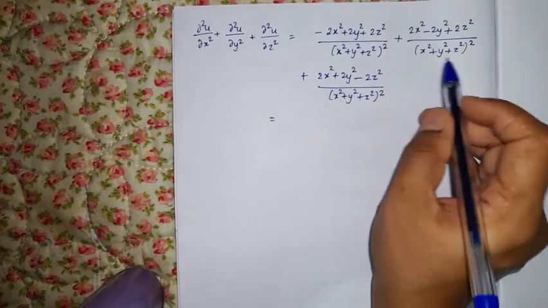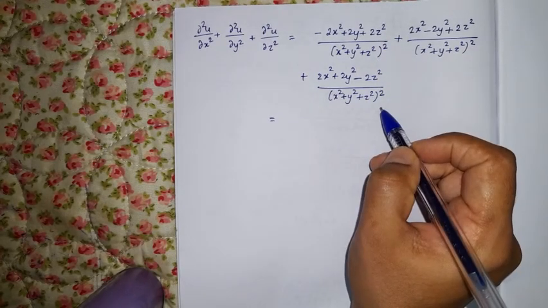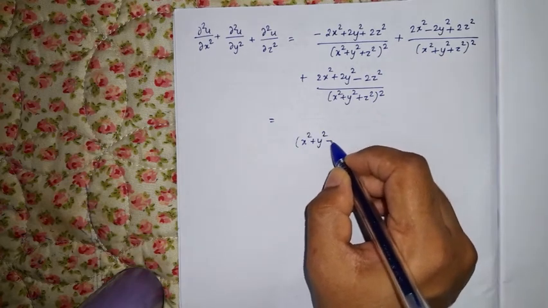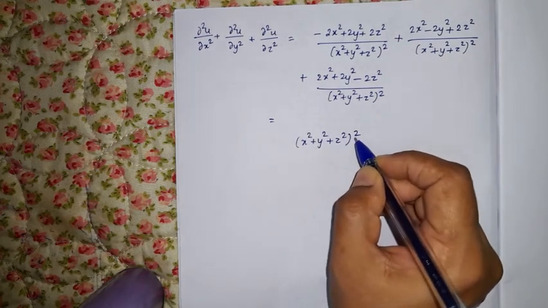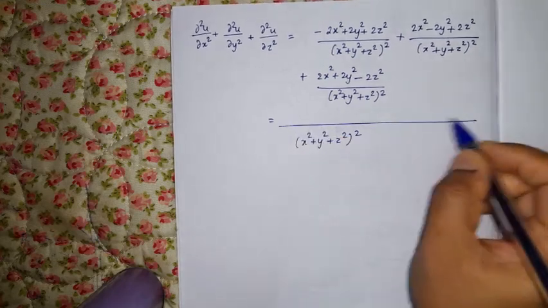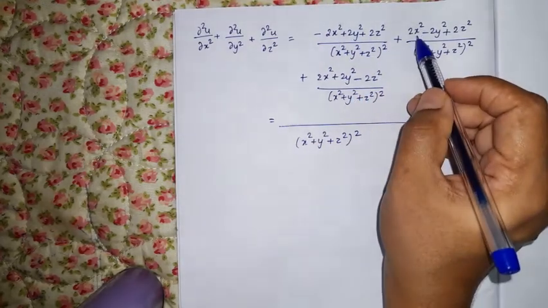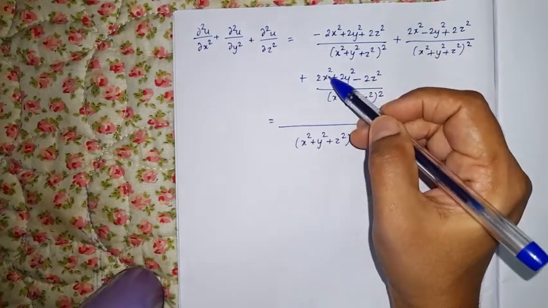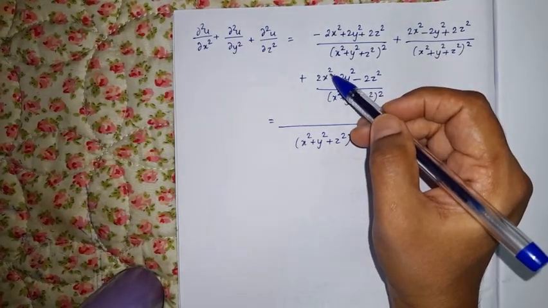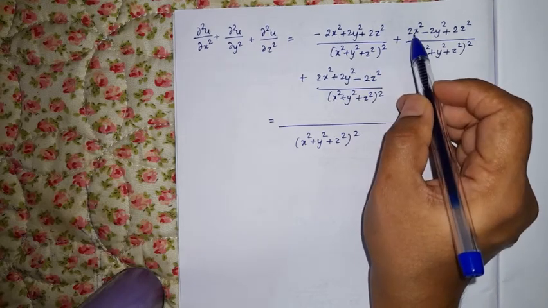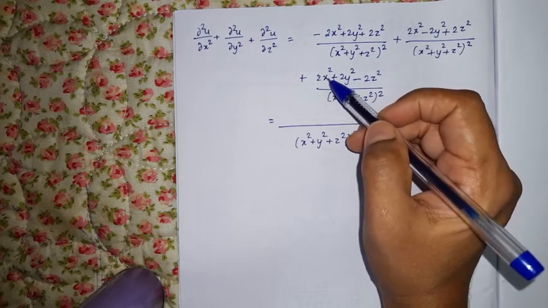You have the denominators as the same in all the terms. So we can combine the terms with the same denominator. You have minus 2x square plus 2x square plus 2x square. It gives 2x square. Minus 2x square and 2x square gets cancelled. We will be having 2x square.